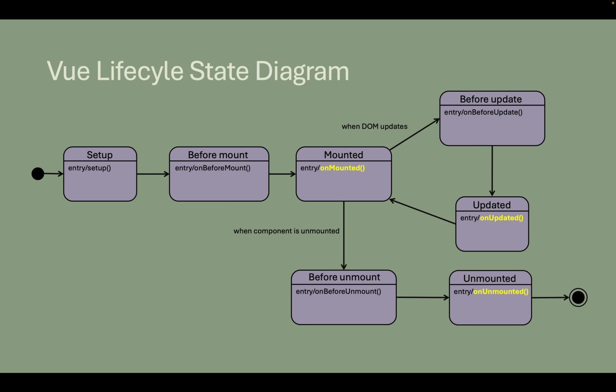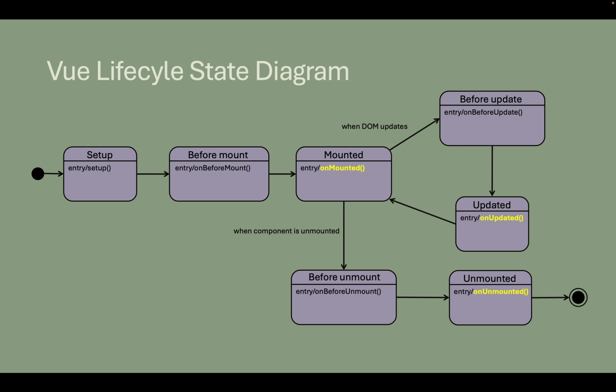Once the onMounted hook function is done, the Vue component will sit in this mounted state waiting for external events like DOM updates or the component being unmounted. If nothing happens, it will sit in this state forever. That would be boring, right? Let's say due to the reactive data change, the DOM needs an update.